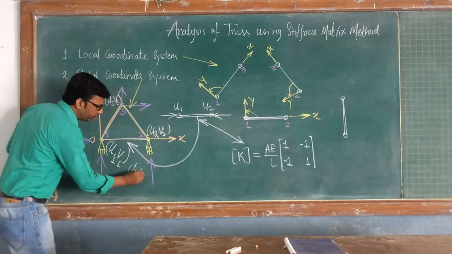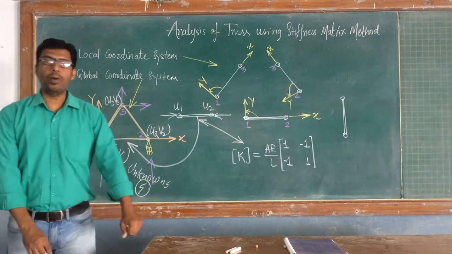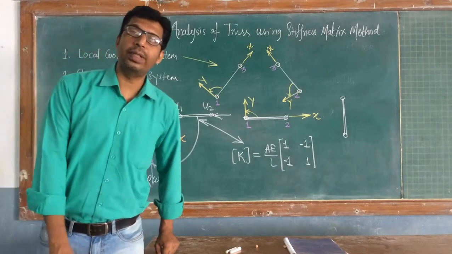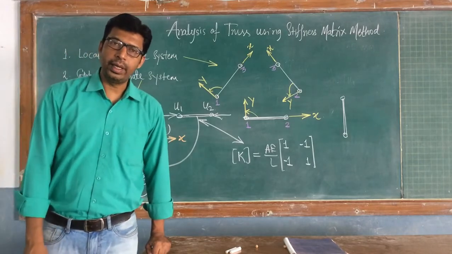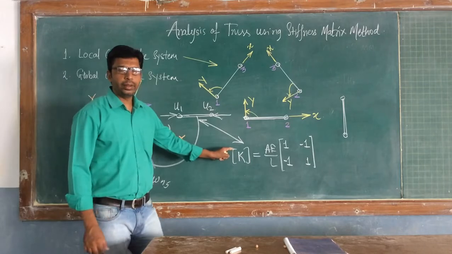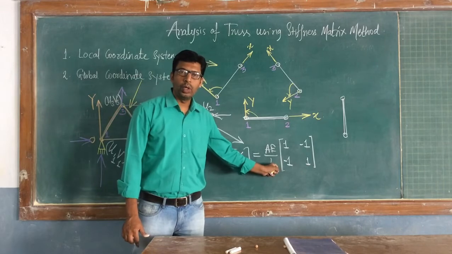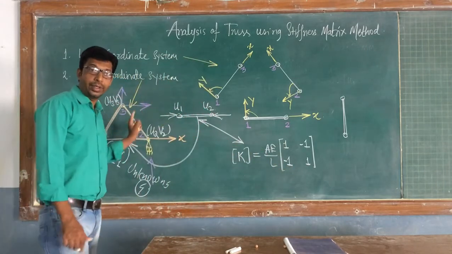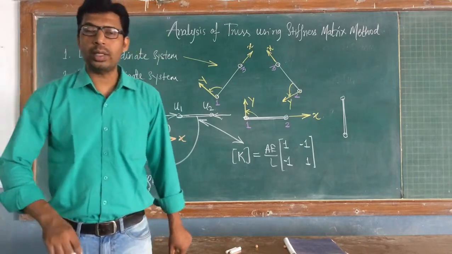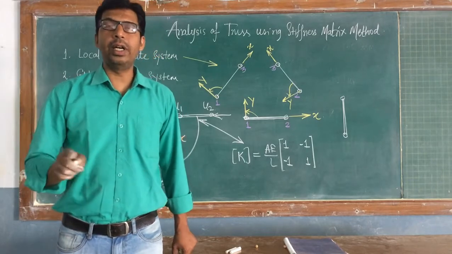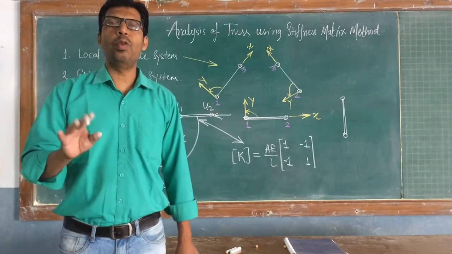So the size of the stiffness matrix of that truss element becomes 4 by 4. Understand, when you are writing the stiffness matrix for a bar member, it is 2 by 2. But when the same bar is used in the truss structure, instead of 2 by 2, the stiffness matrix becomes 4 by 4, because the unknowns are horizontal and vertical displacement at each node. There are 2 nodes in the truss member, so the unknowns become 4.